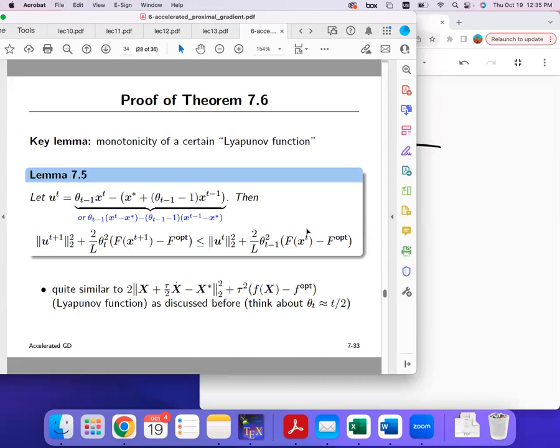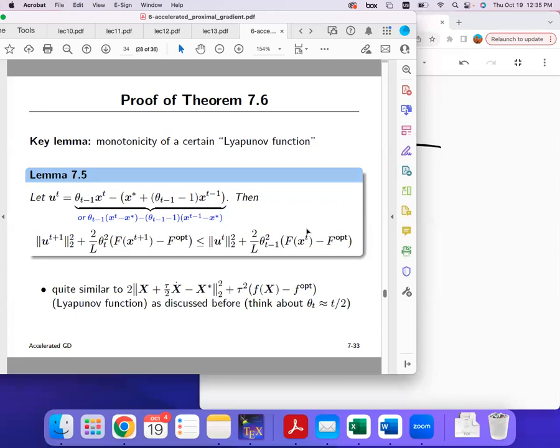So this is the key lemma for the convergence analysis of the accelerated proximal gradient descent. You can see it's much more complicated compared with the previous lemma for proximal gradient descent.